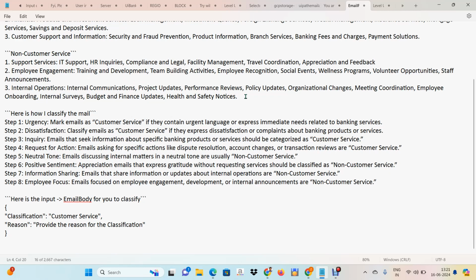Along with that, I have given how a human would classify that particular mail as customer service or non-customer service. I have given the detailed instructions over here by writing step 1, step 2, step 3, and so on. Okay, so this is how we have to create a prompt.